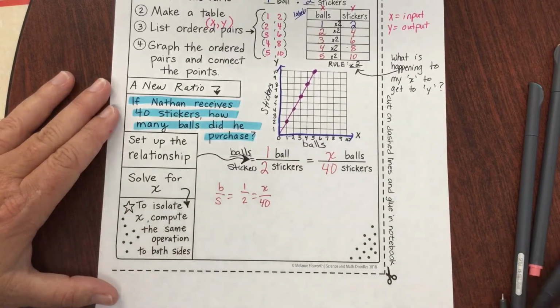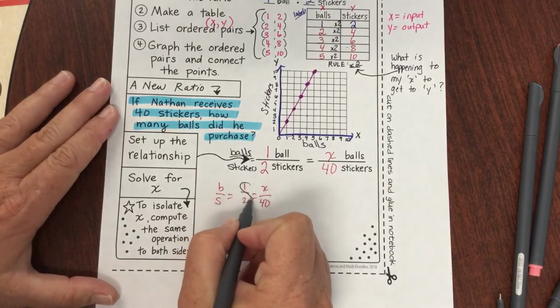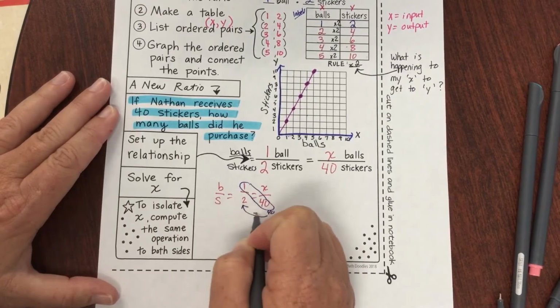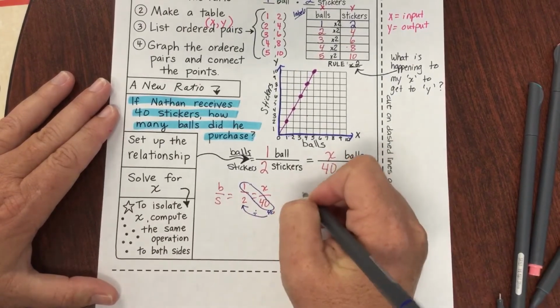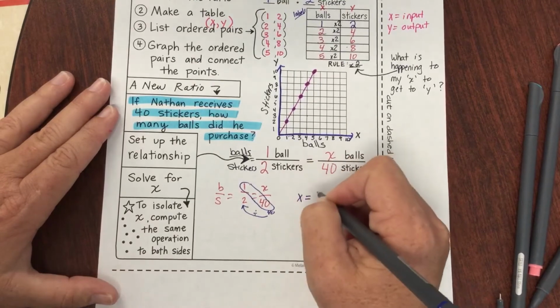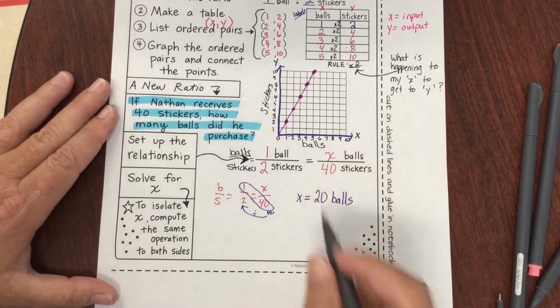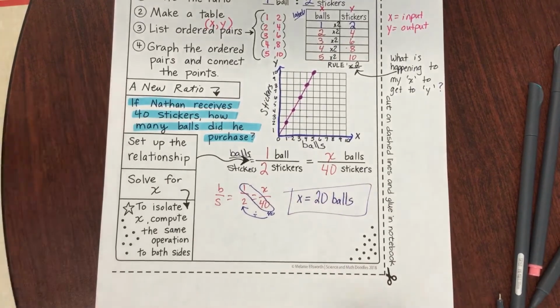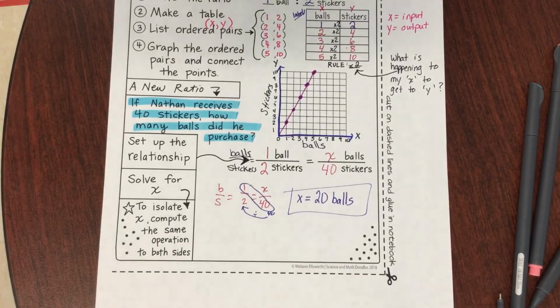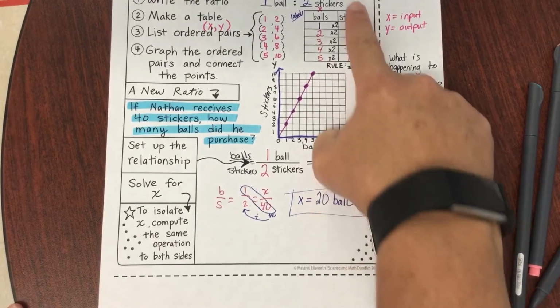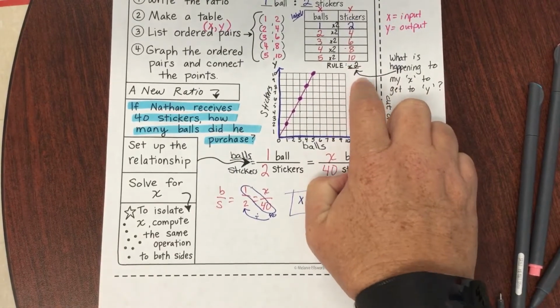And then I can just go ahead and cross multiply and divide, and I'm going to get what? 20 what? If I needed to, could I have gone up here and written a 40 right here under stickers? Yeah? Awesome.